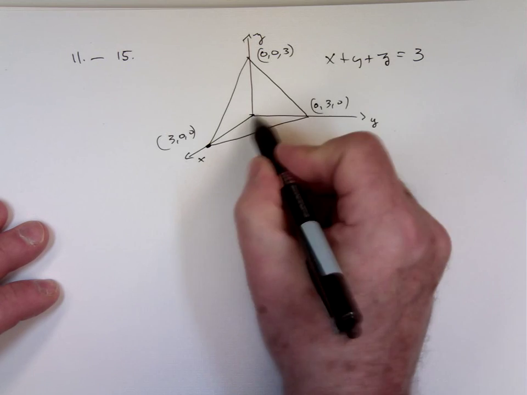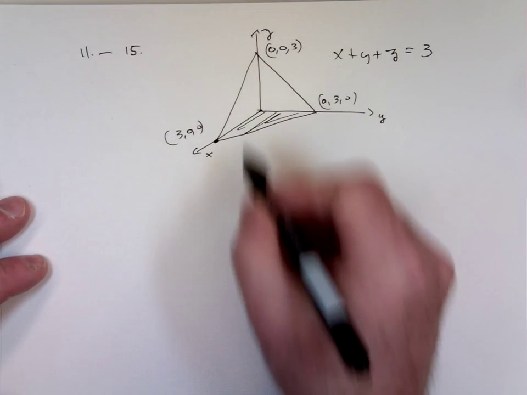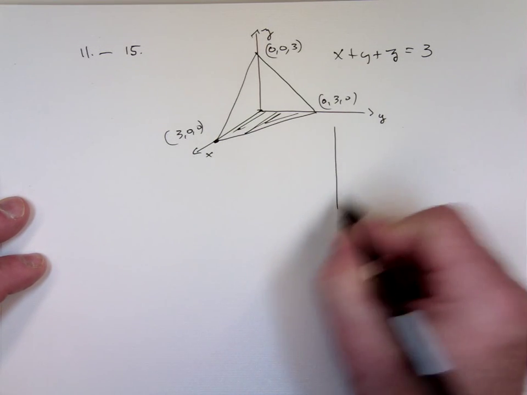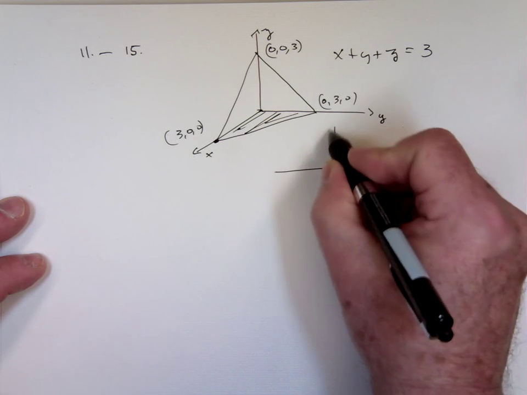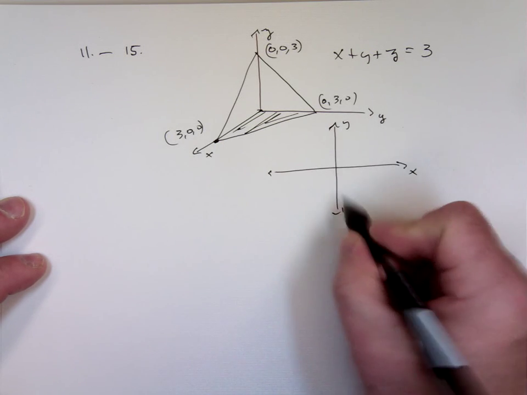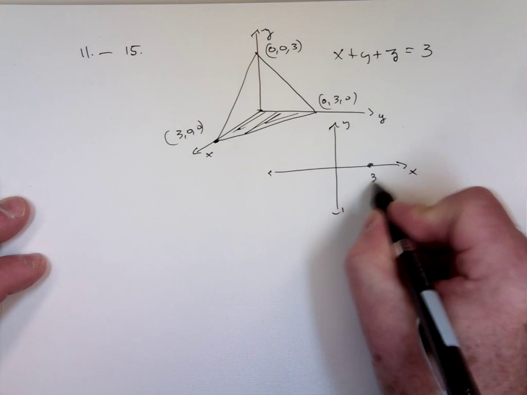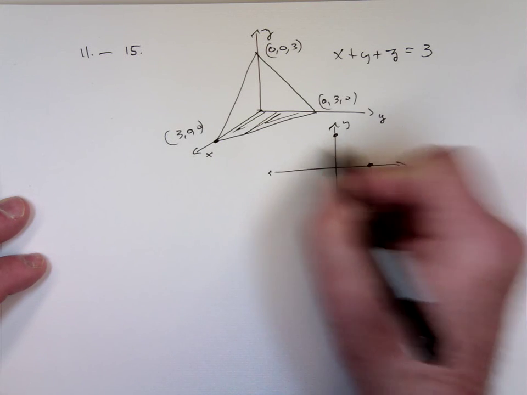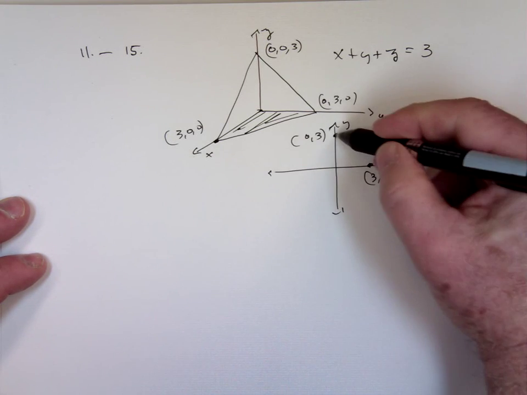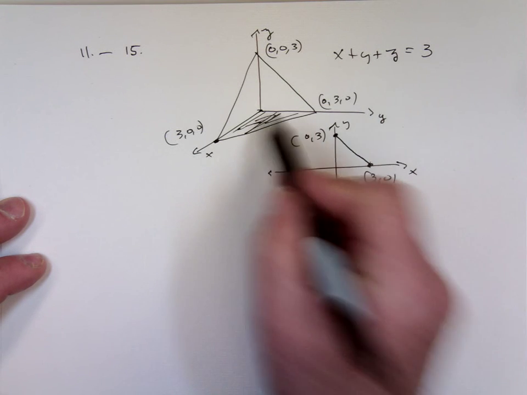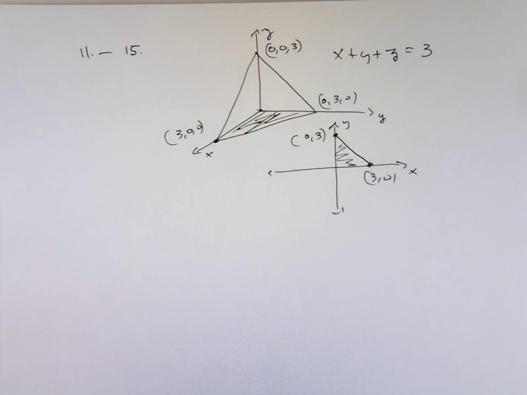Okay, we're concerned about this region in the xy plane. That region in the xy plane has an x-intercept of 3 and a y-intercept of 3. That gives us this line. This is this triangular region here.